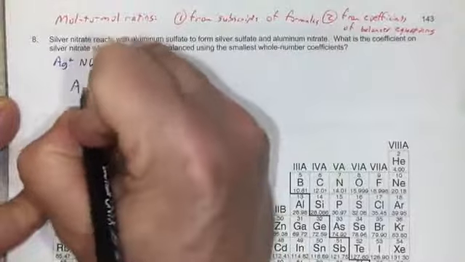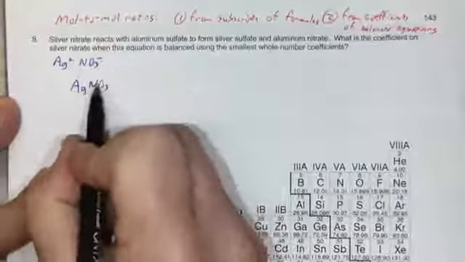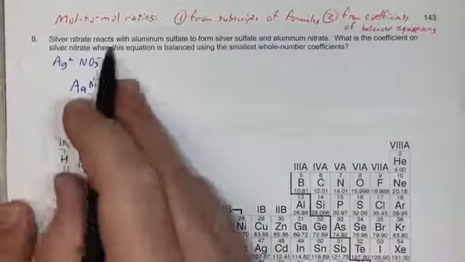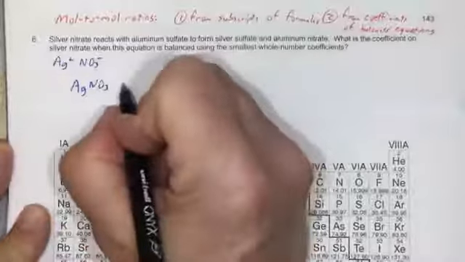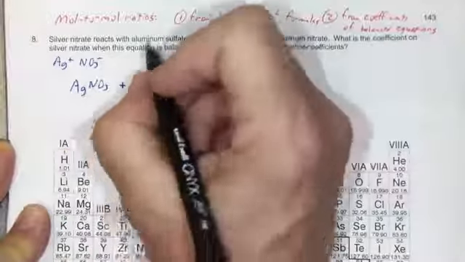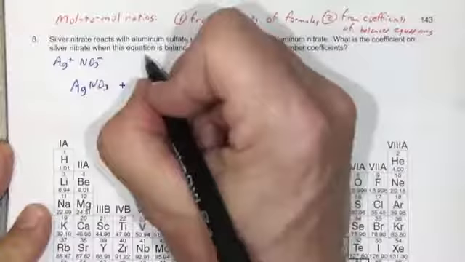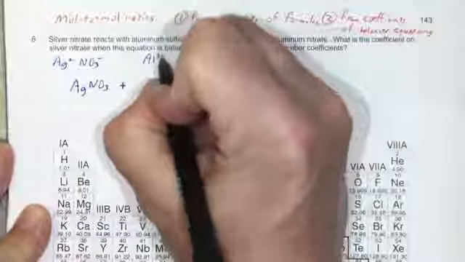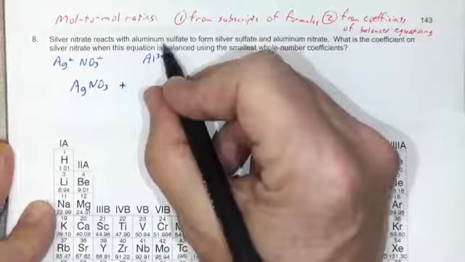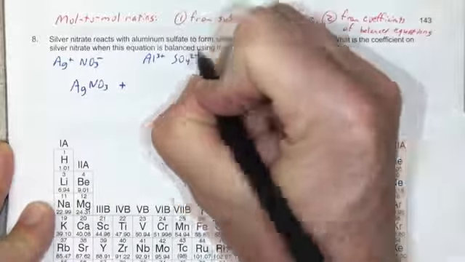So I'll write that on the reactant side. AgNO3. For every positive, there must be a negative. So when I write the overall formula, here's the formula for silver nitrate. It reacts with, so I'm going to put a plus here. Silver nitrate reacts with aluminum sulfate. Now, aluminum, I go to the periodic table, aluminum has a plus 3 charge. So Al3 plus. And sulfate is one of those 8 ions that you have to just memorize. SO4 2 minus is sulfate.